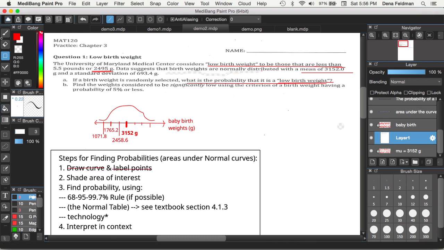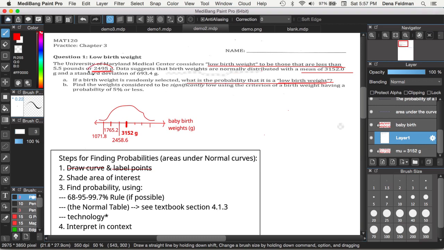Well, I'm missing this idea here that I'm interested in babies that weigh, here's my other hint, weigh less than 2,495 grams.